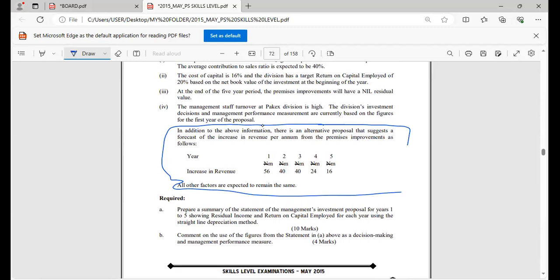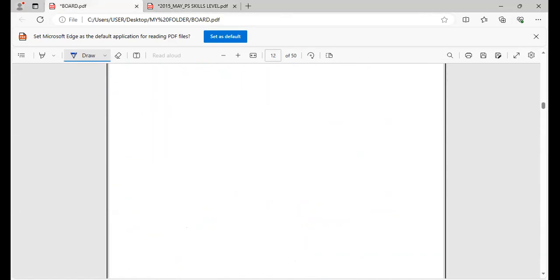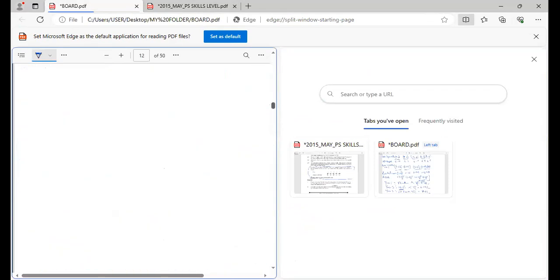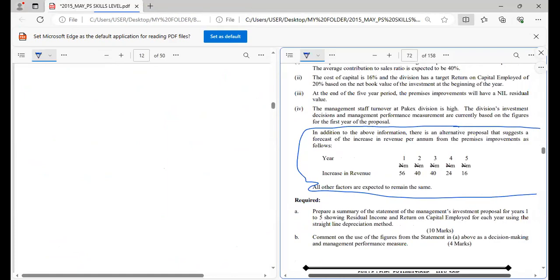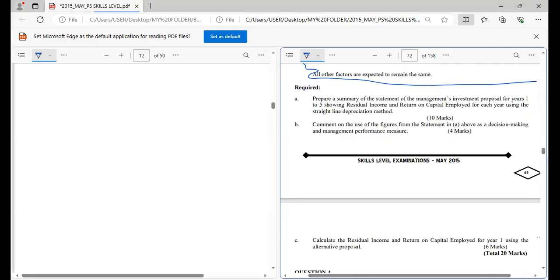But meanwhile, the question says in year 1. So for that C part, calculate the residual income and return on capital employed for year 1 using the alternative proposal.